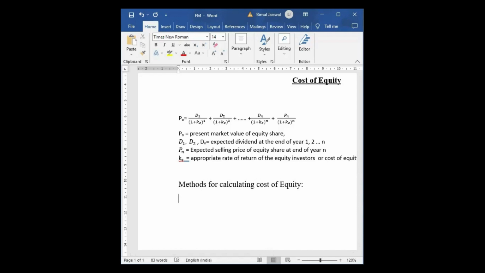Here we can use the methods. Number one, the dividend yield method, which can also be called the zero growth dividend model or method.